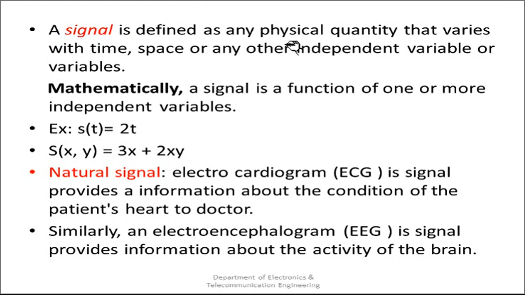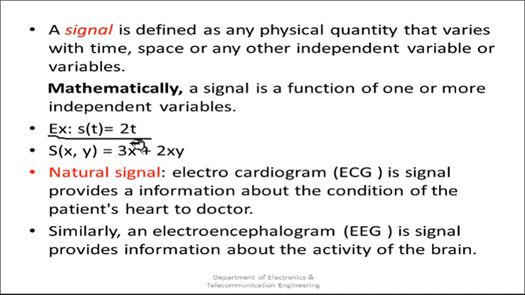A signal is defined as any physical quantity that varies with time, space, or any other independent variable or variables. So to understand this mathematically, a signal is a function of one or more independent variables. Like in the example 1, s of t. This is one of the signals.